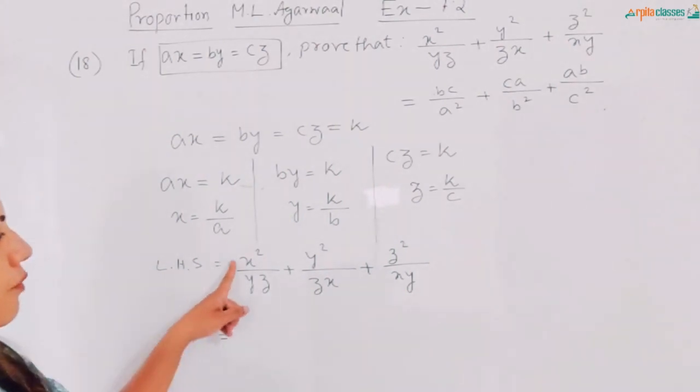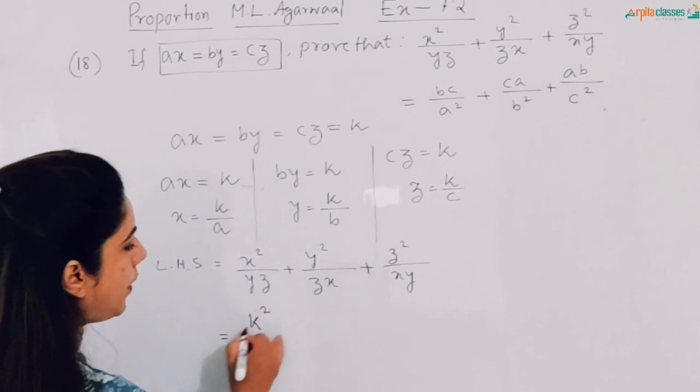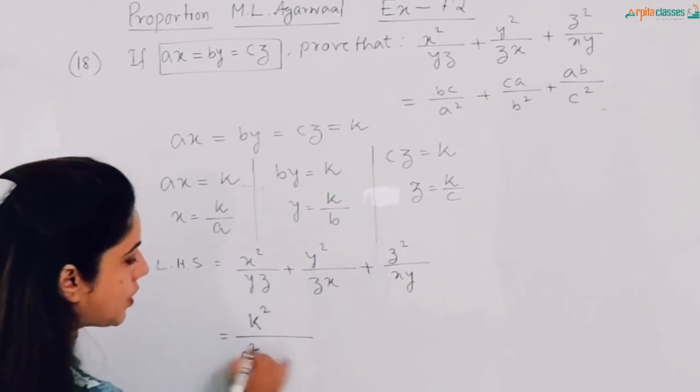Now, in place of x, we are going to substitute k upon a. So it will be k square upon a square.